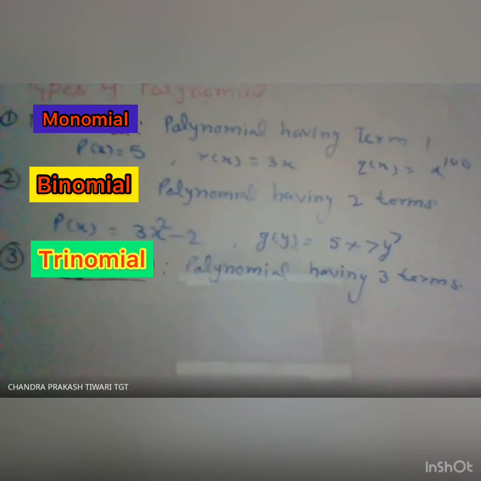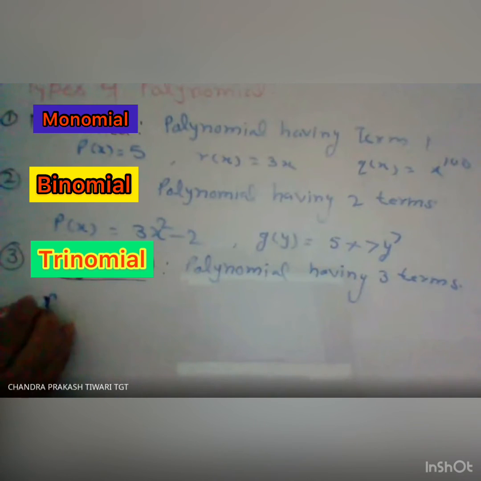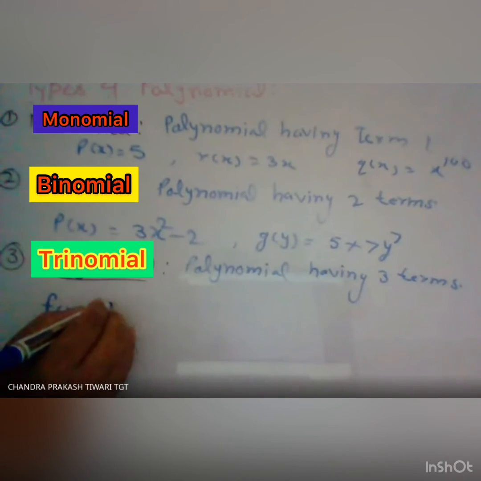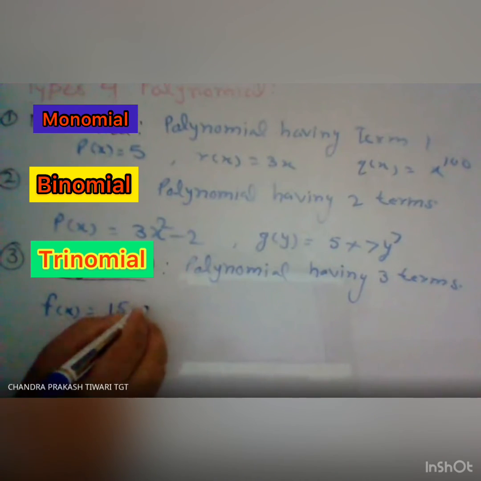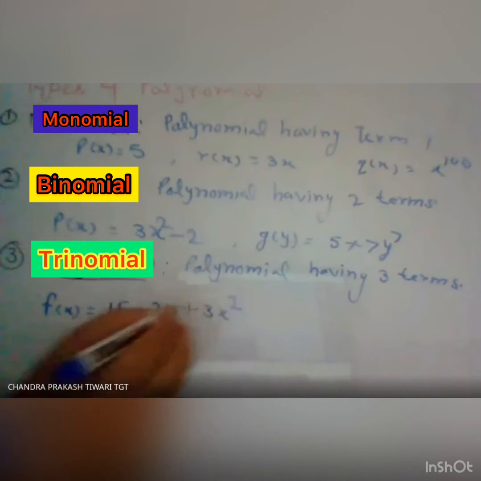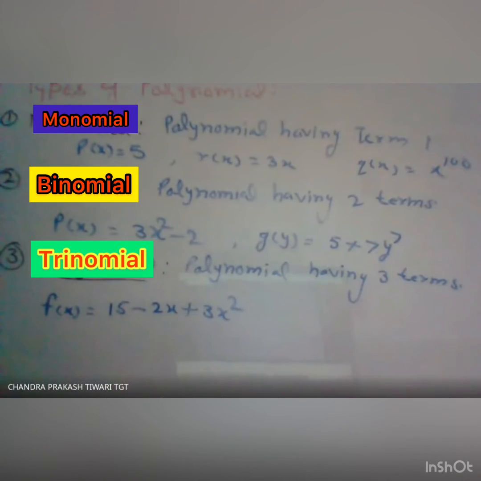For example, f(x) equal to 15 minus 2x plus 3x square. You can count how many terms are in this polynomial. It has one term, second term, third term.